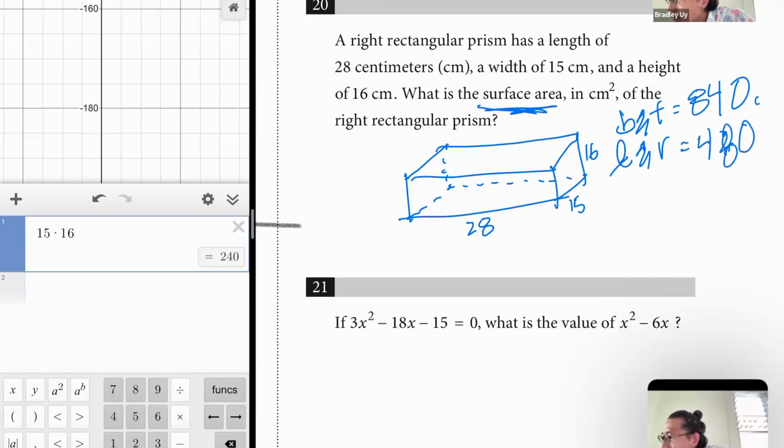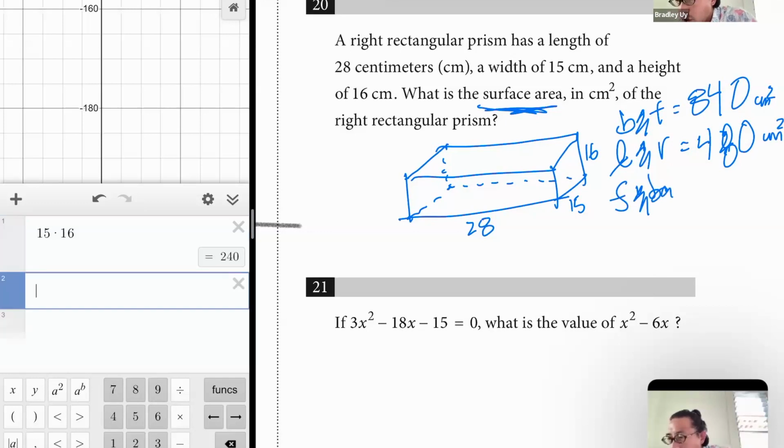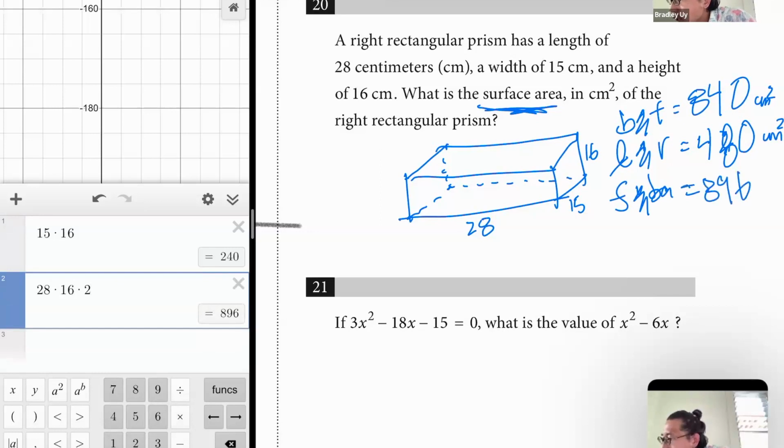And these are all in centimeters squared. And the only other calculation is we have bottom, top, left, right, front and back. Okay, and these are both 28 by 16, which gives us this number 448. I'm going to multiply it by 2 in my calculator, so that gives me 896, okay, centimeters squared.